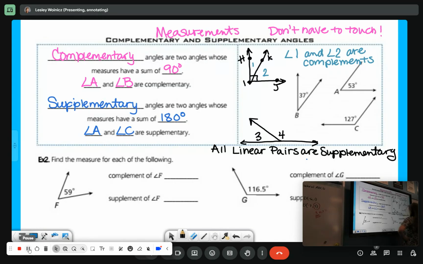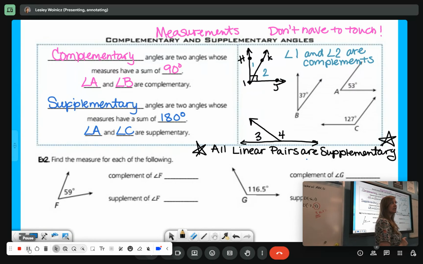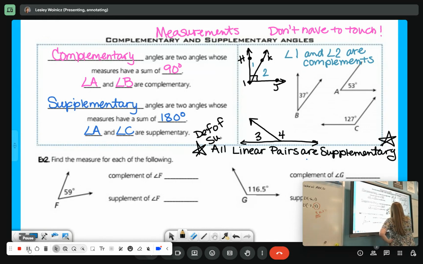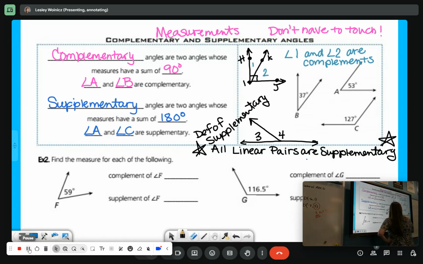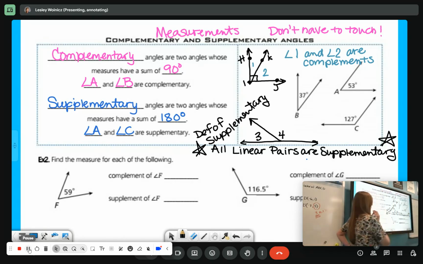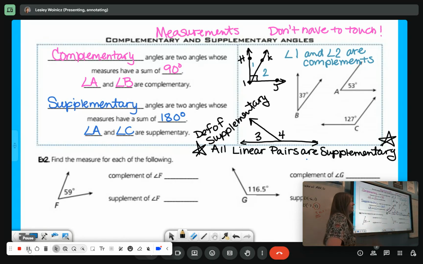Guess what we're going to use a lot in proofs? Definition of supplementary. You can either call this the definition of supplementary, or you can just write it out. So this is the definition of supplementary for your proofs. And that's the definition of complement. Well, it comes from the definition of supplementary, that all linear pairs are supplementary.